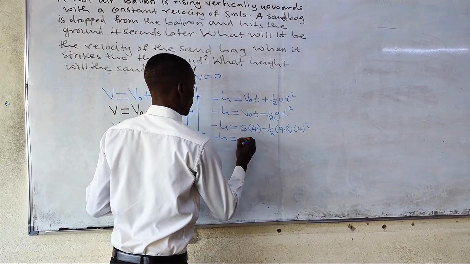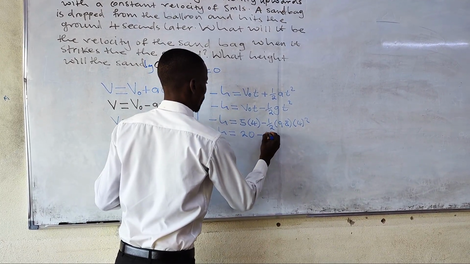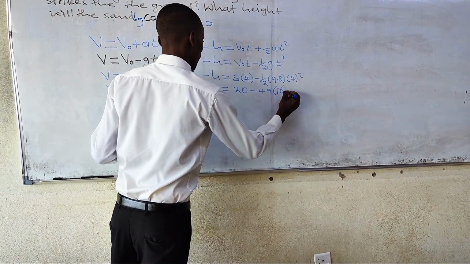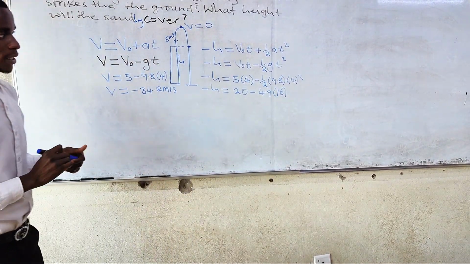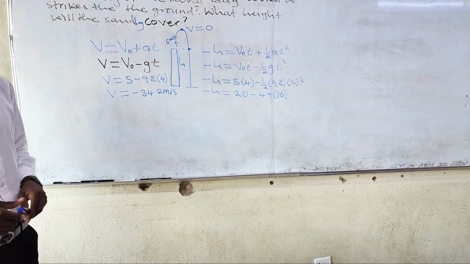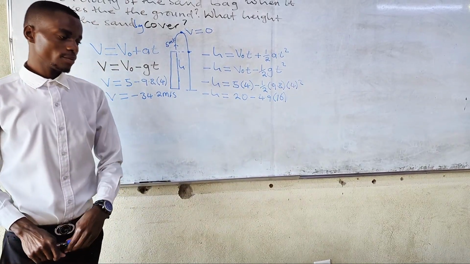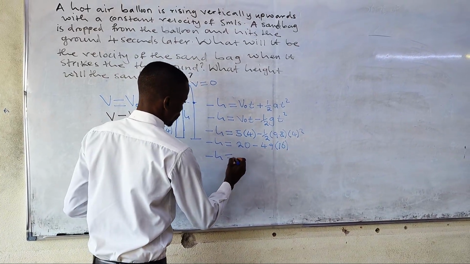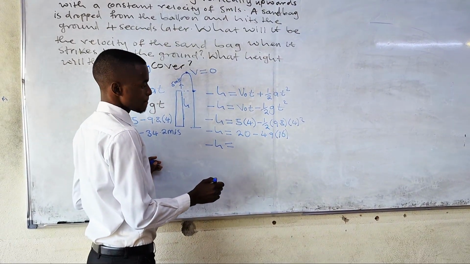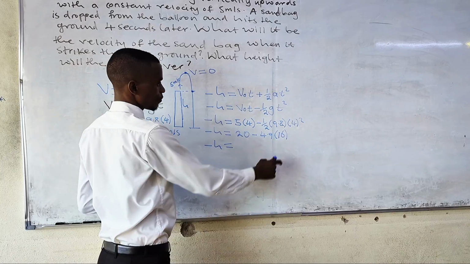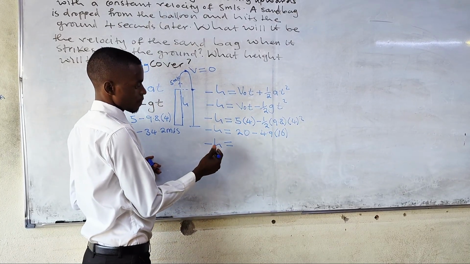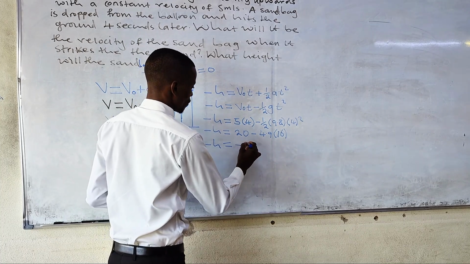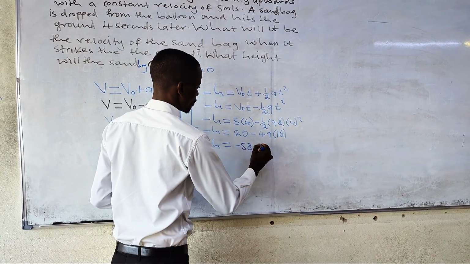Negative h has to be equal to 20 minus 4.9 open 16. Would you try to punch this on a calculator as well, so that you can get your final answer? What answer are you getting? 20 minus 4.9 open bracket 16 gives negative 58.4.